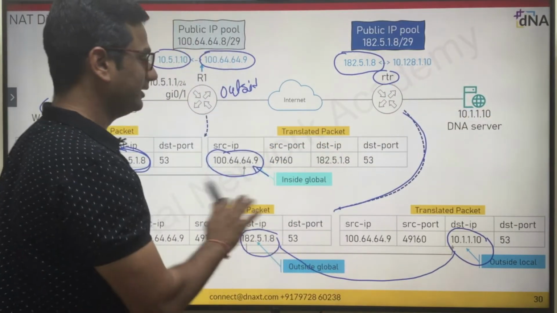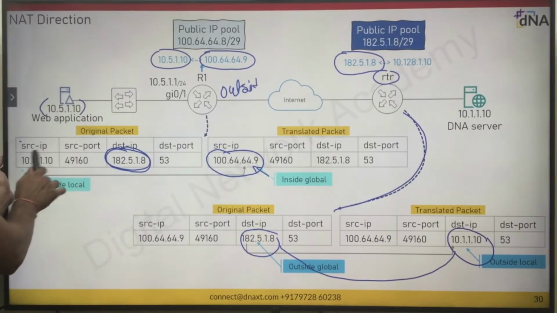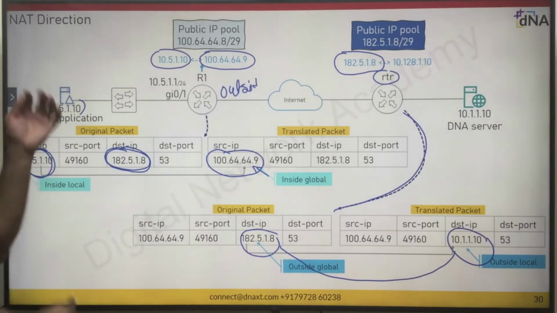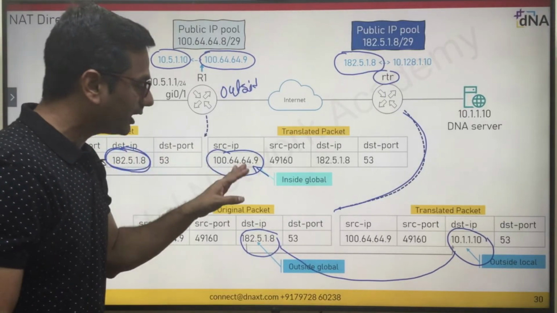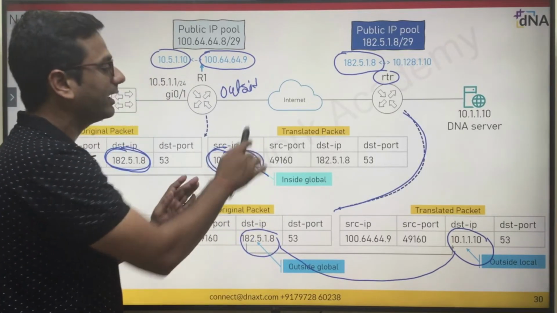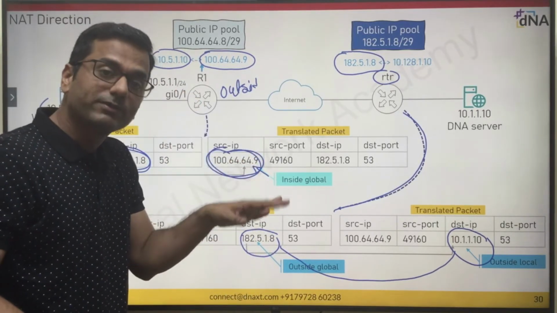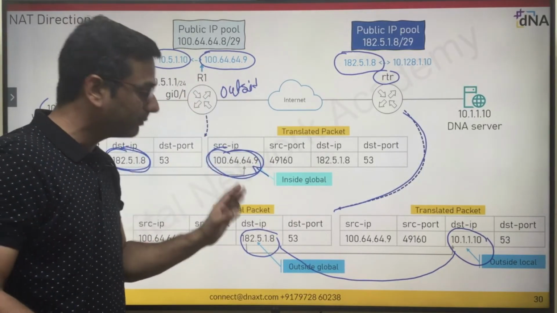So, inside local means the original source IP address before translation. As soon as the source IP address is translated to a public IP address, this public IP address is my inside global, because these inside hosts are globally identified by this public IP address.